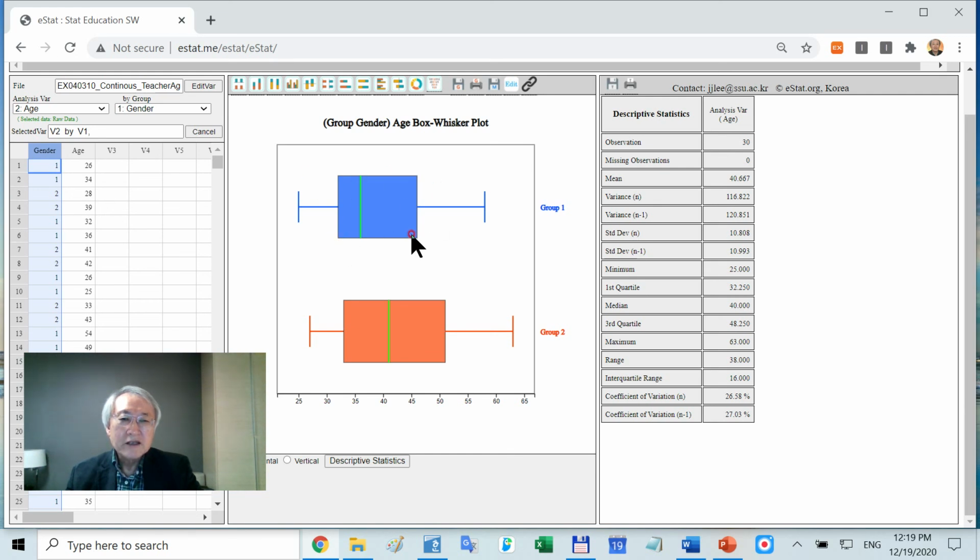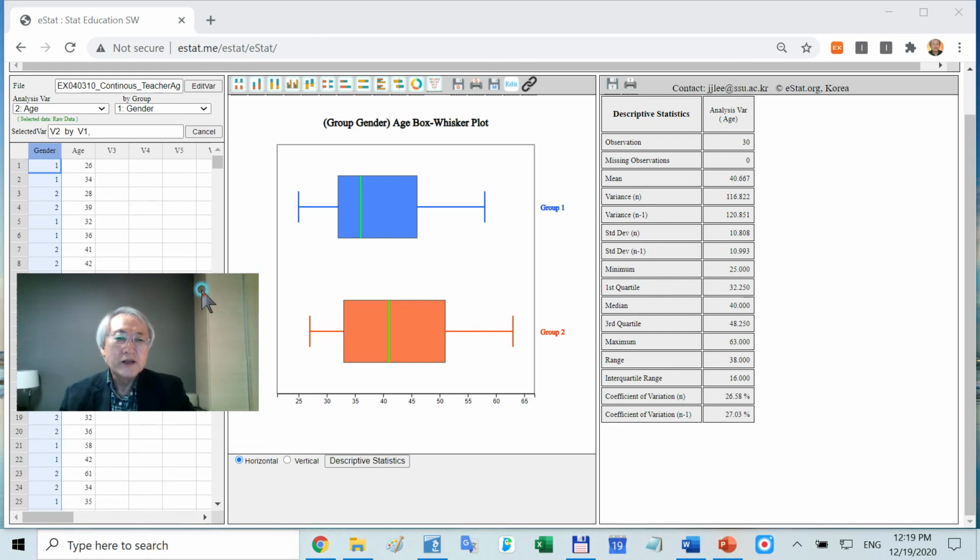It looks like the male teachers. This is the female teachers. You can see that there is much more dispersion than for male teachers. We compare the IQR, the length. Maybe that's a good tip. I mean, after removing the top and bottom 25% each, we compare them. It's a good idea. Why don't you use it from next time?